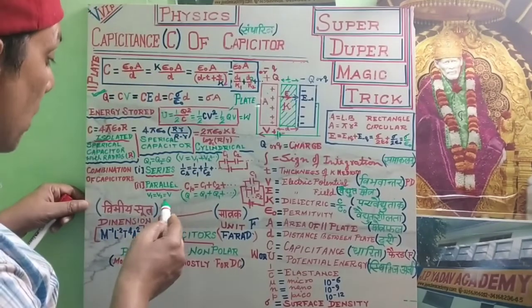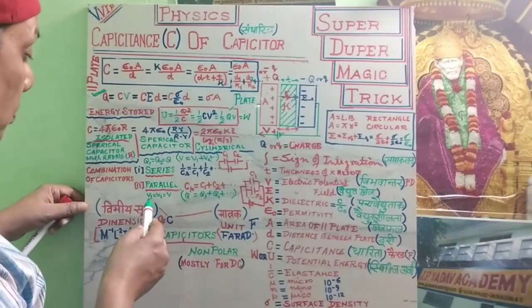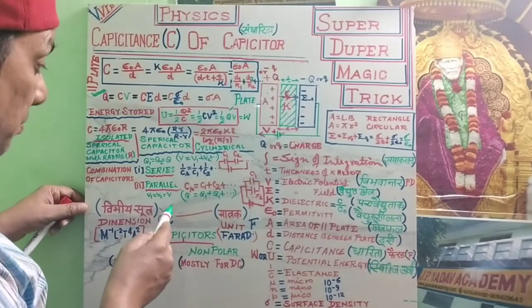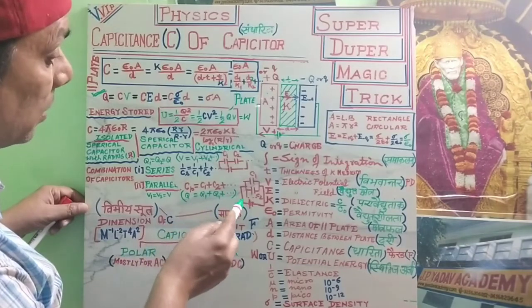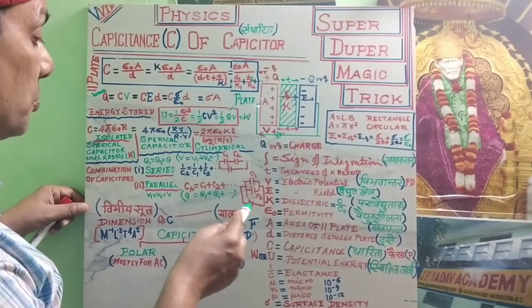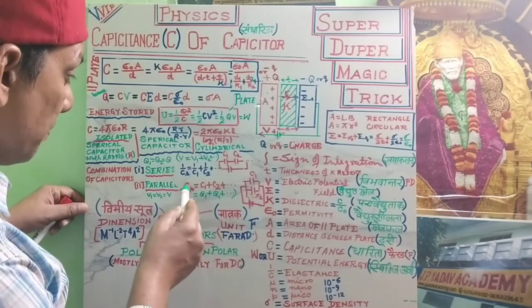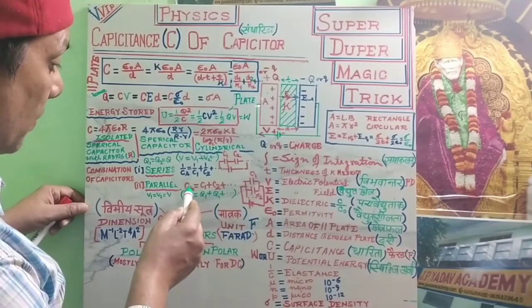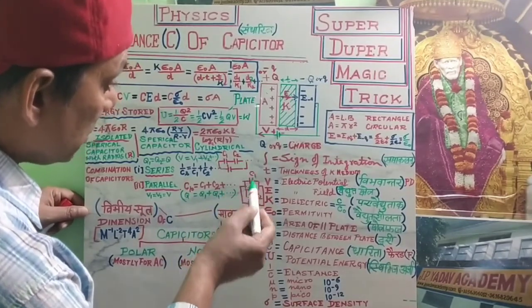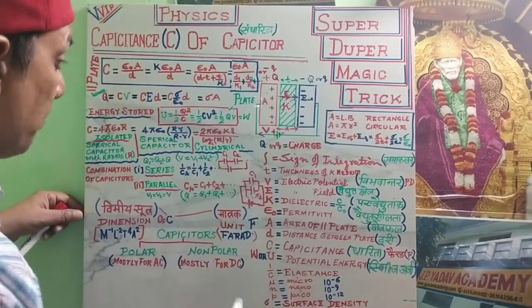In case of parallel, the voltage on each capacitor is the same, but the charge on each capacitor is different, then Q equal to Q1 plus Q2 plus Q3 dot dot dot, then Cp for parallel, Cp equal to C1 plus C2. This combination is series, and this combination is parallel.